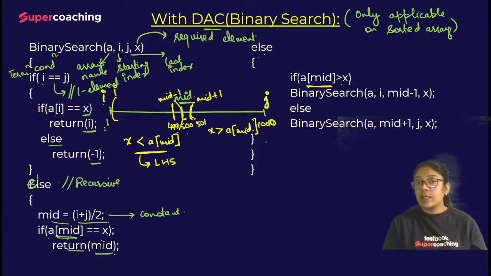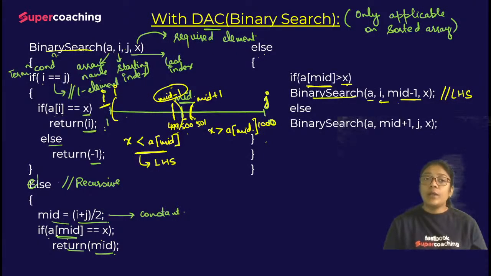A of mid is greater than x, यानी कि required element smaller है, so we have to go to left side. Left side पे same function को call करेंगे, function name is same, number of parameters 4 आ रहे हैं, array name is same. अब starting index for the left hand side array is I and last index is mid minus 1. और कौन सा element ढूंढ रहे हैं, element तो same ही है, that is we are looking for the element x. Otherwise means mid के equal element नहीं मिला, greater नहीं है, तो otherwise में आपके पास सिर्फ एक ही case बचता है, that is the required element is greater than the middle element, so we have to go to right hand side.